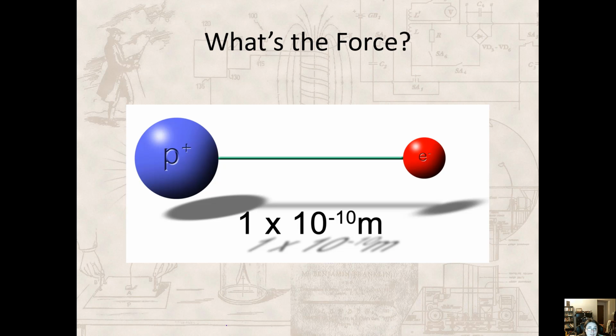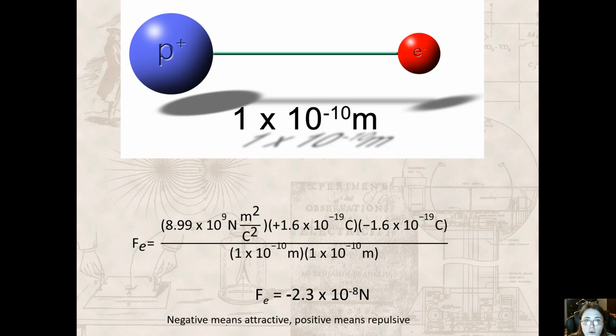So what's the force? So say we have a proton and an electron that are separated by a distance of 1 times 10 to the negative 10th meters. What's the force on the two charges? So we have Coulomb's law, and it's Fe equals K Q1 Q2 divided by R squared.